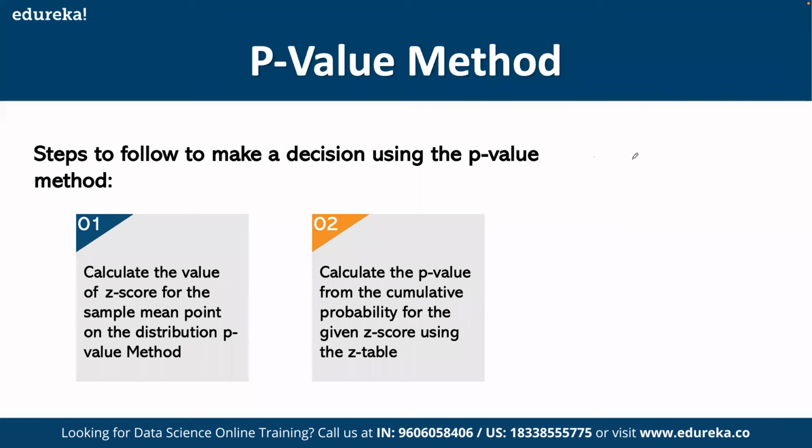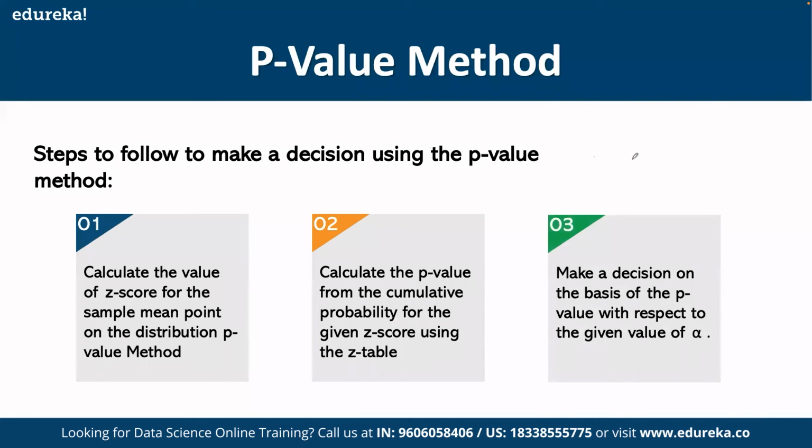This is followed by making a decision on the basis of the p-value with respect to the given value of alpha. So you're now familiar with two methods: the p-value method and the critical value method.